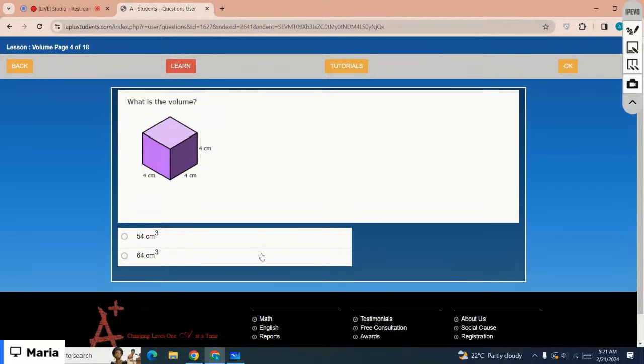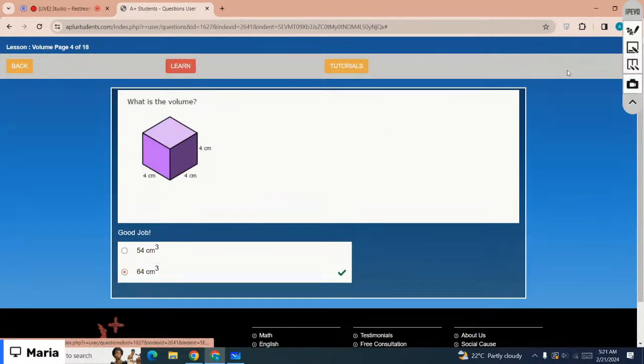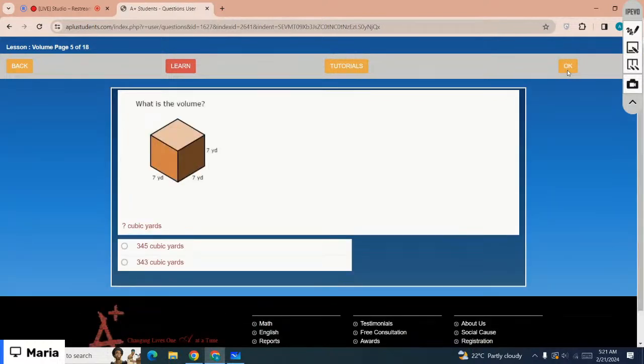Option number 2 is the correct option. But where is the rectangle? Okay, again, square. What's wrong with these questions?